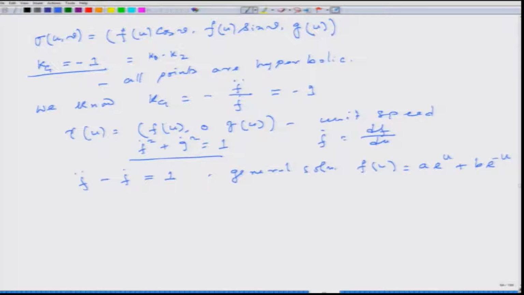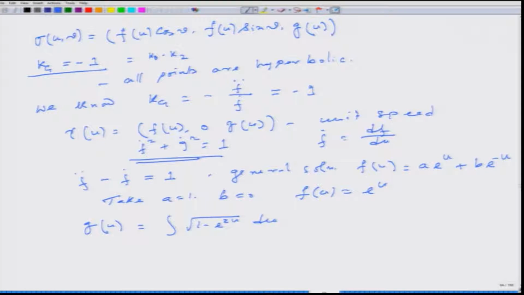I can take any curve for that matter. So take a equal to 1, b equal to 0. So f(u) equal to e^u, and what will be g(u) then? From this equation g(u) will be the integral of root over 1 minus e^(2u) du.